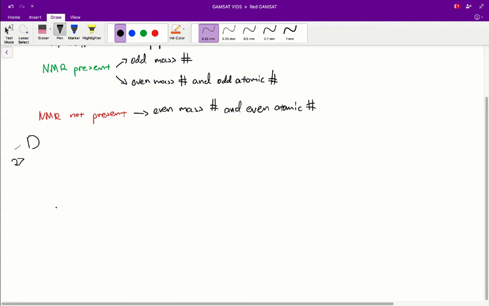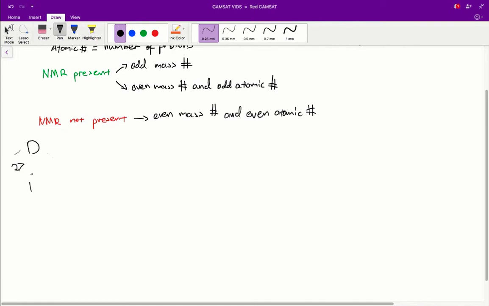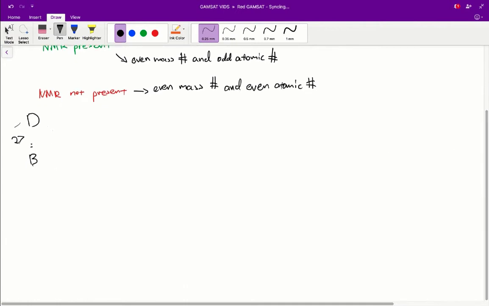And if you know your periodic table well, you'll know that nitrogen has an atomic number of 7. So since it has an even mass number and odd atomic number, nitrogen also will exhibit NMR. So therefore, the correct answer is B. You basically just do that for all of the answers until you get the right one. And that's how you figure out question 27.